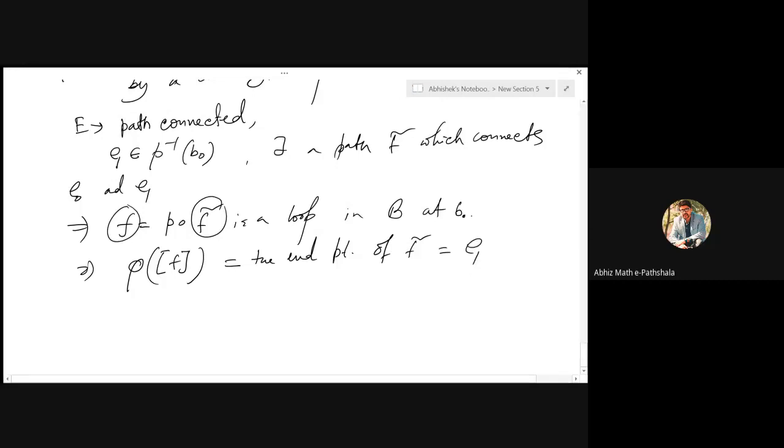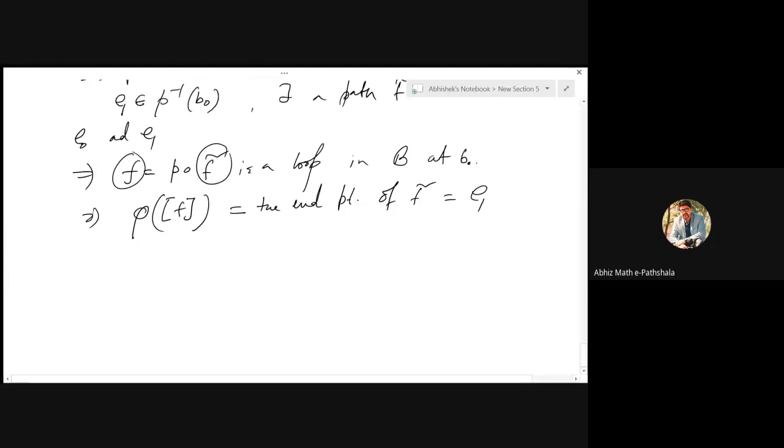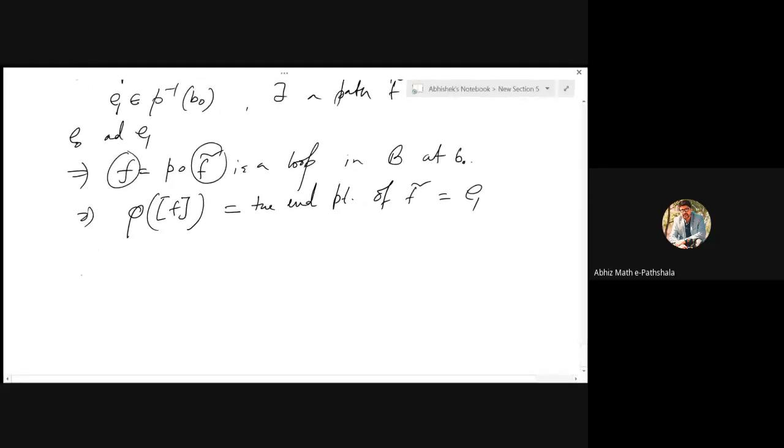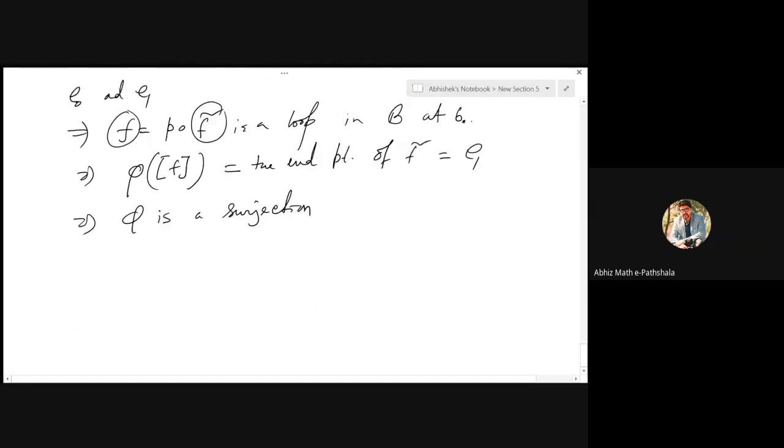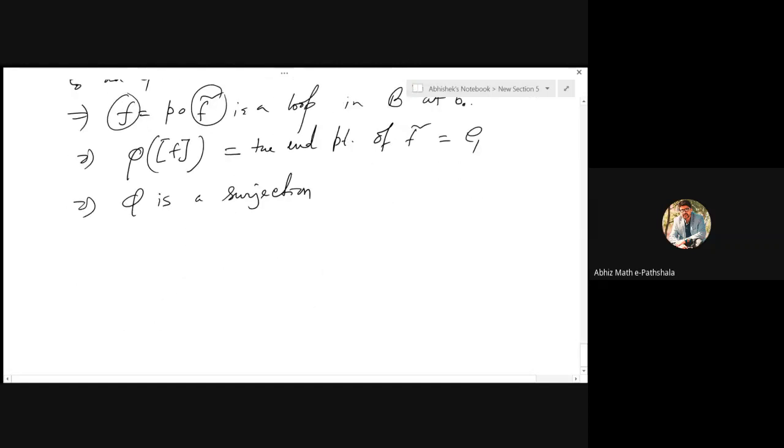So this will be your E1. So what did you get? You get that phi is a surjection. If you impose the condition that the domain space is path connected, then you will have a surjective lifting correspondence, right?